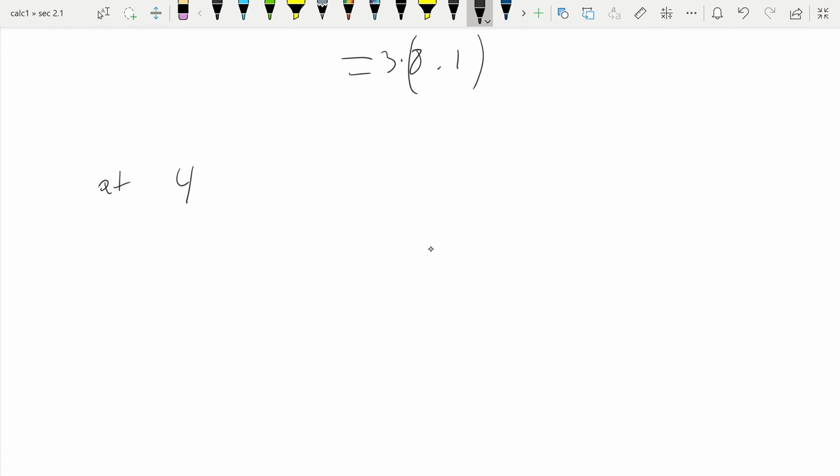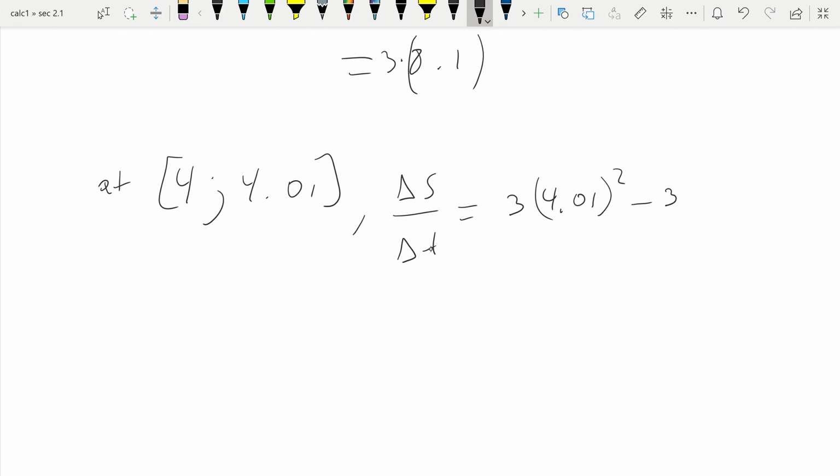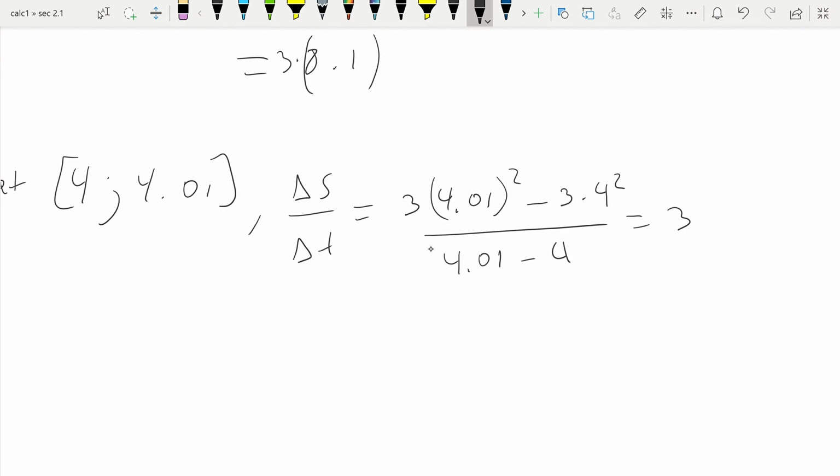For 4.01, so we just moved by 0.01, delta s over delta t will be equal to 3 times 4.01 squared minus 3 times 4 squared, all that divided by 4.01 minus 4. If you use a calculator, this is equal to 3 times 8.01.